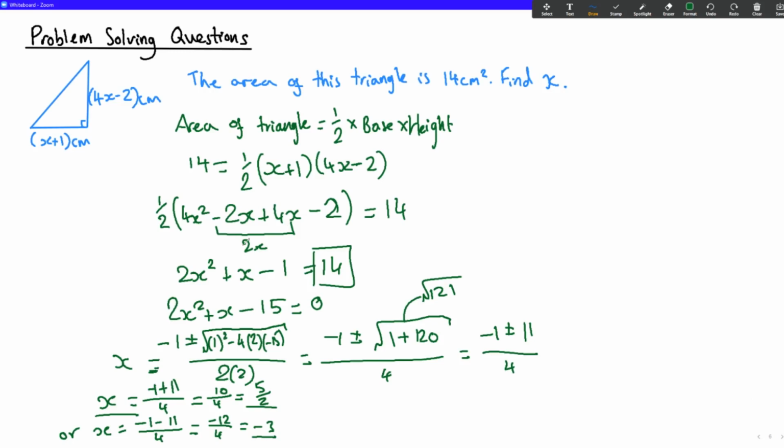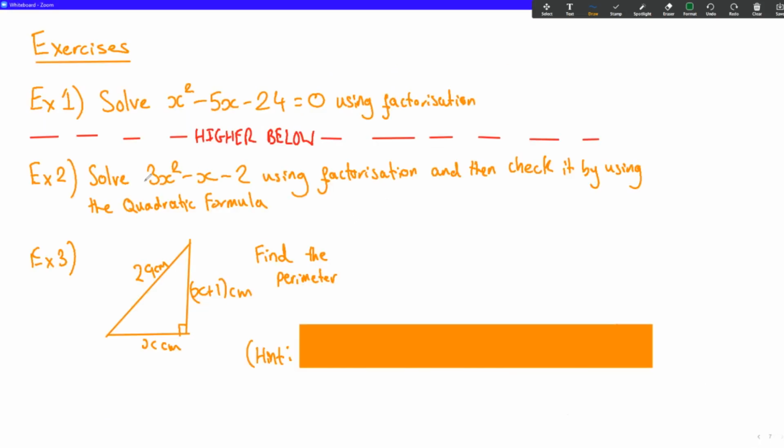So now that you know how to use these two methods and problem solve with them, I'll give you these exercises. So for foundation, you only need to do the top one, but if you're doing higher, you should be able to do all of them.